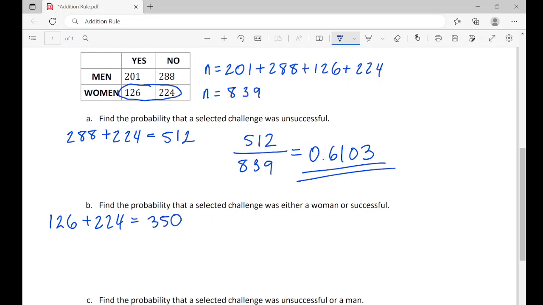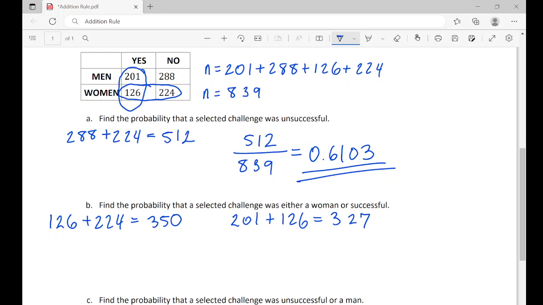Now, successful is going to be anything under yes. So these two: 201 plus 126 is going to equal 327. Now you should see here that we have circled 126 two times.